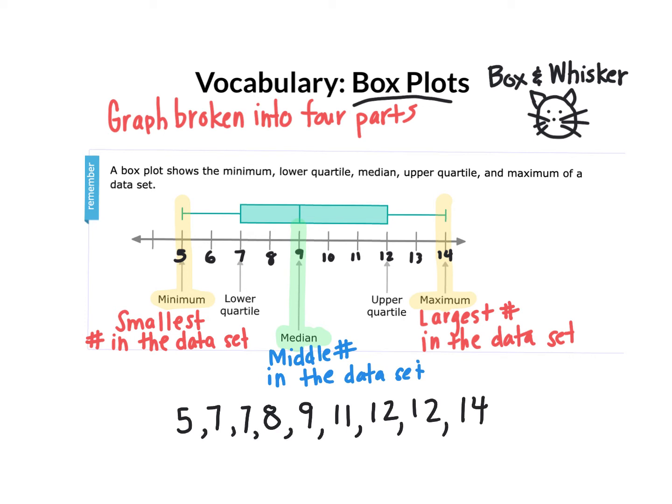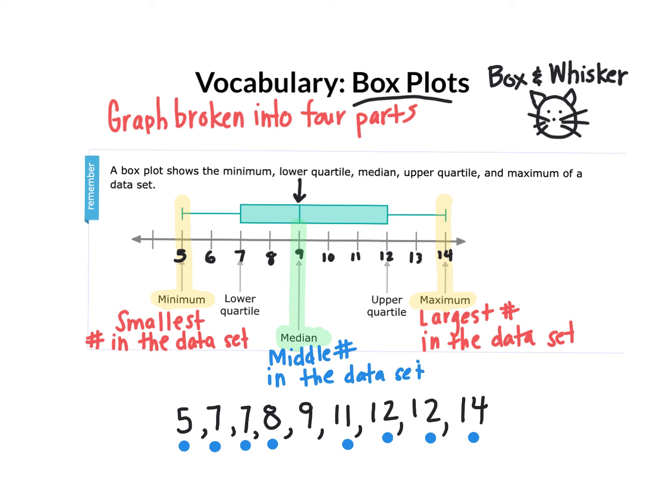Okay, the first thing that we're going to do is let's find the median. Well, according to this box plot, the median is right here. It's 9. Okay, let's see if that's true. Now, because I don't want to scratch everything out right now, I'm just going to use dots. I have 1, 2, 3, 4 numbers on that side. So I have 1, 2, 3, 4 numbers on that side, right? So it would be as if we were crossing out like this, like we used to do, okay?